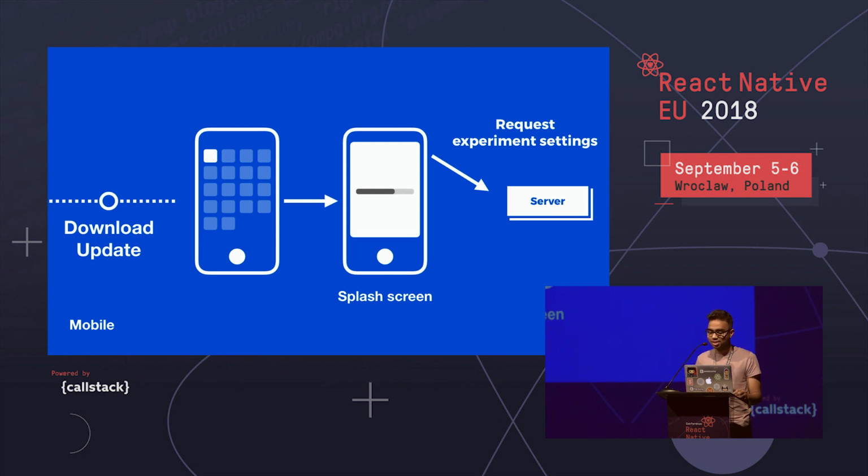The experiment settings could be a JSON object, which tells what all the experiments are currently running for the product. And you get all these different kinds of variants from the server. And based on that, your entire app is changed.